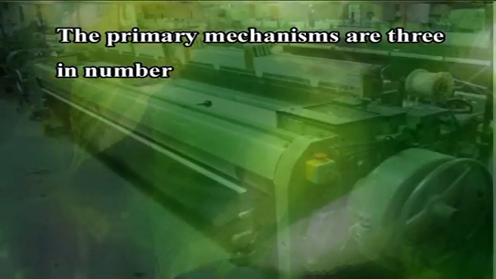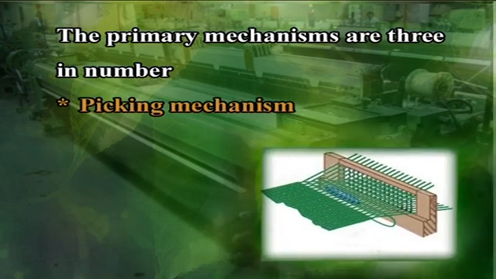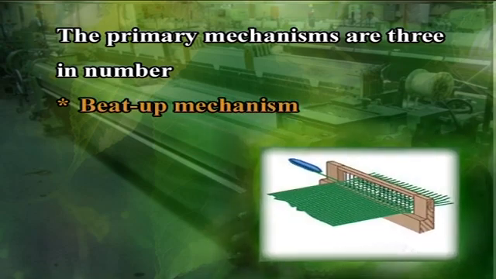Without these mechanisms, it is practically impossible to produce a fabric. It is for this reason that these mechanisms are called primary mechanisms. The primary mechanisms are 3 in number: shedding mechanism, picking mechanism, and beat up mechanism.